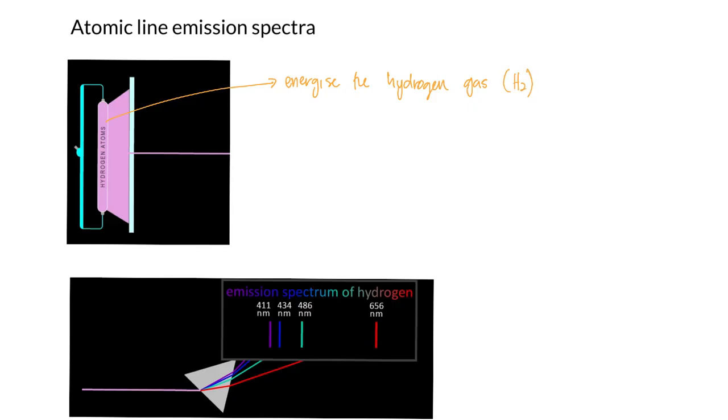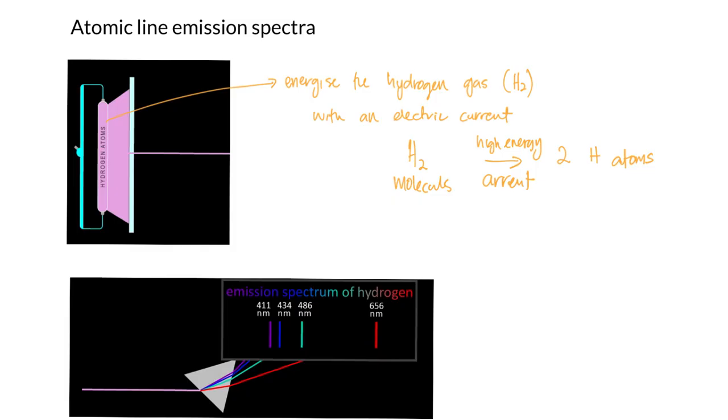Energize means that I'm just going to use an electric current. What's going to happen is that the H2 molecules are going to split into two hydrogen atoms. So I have high energy and I have a current. That is what's happening in that little tube.